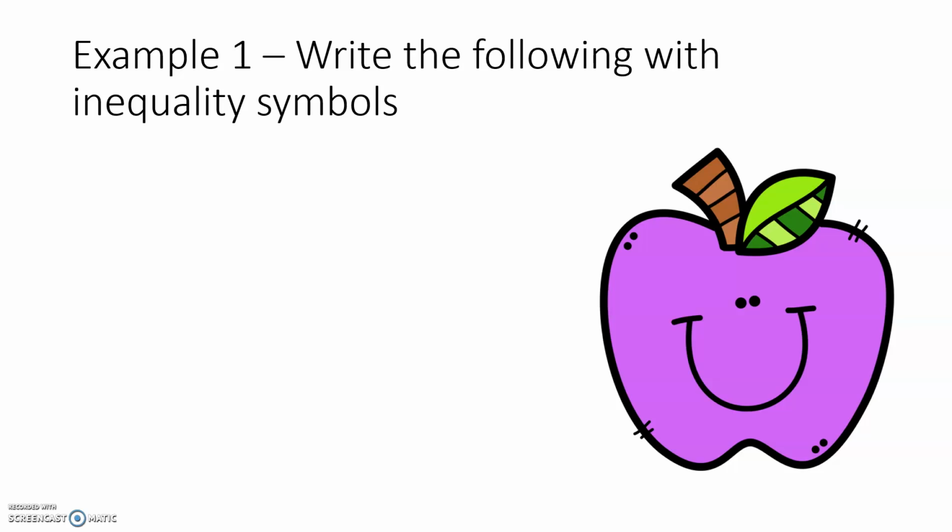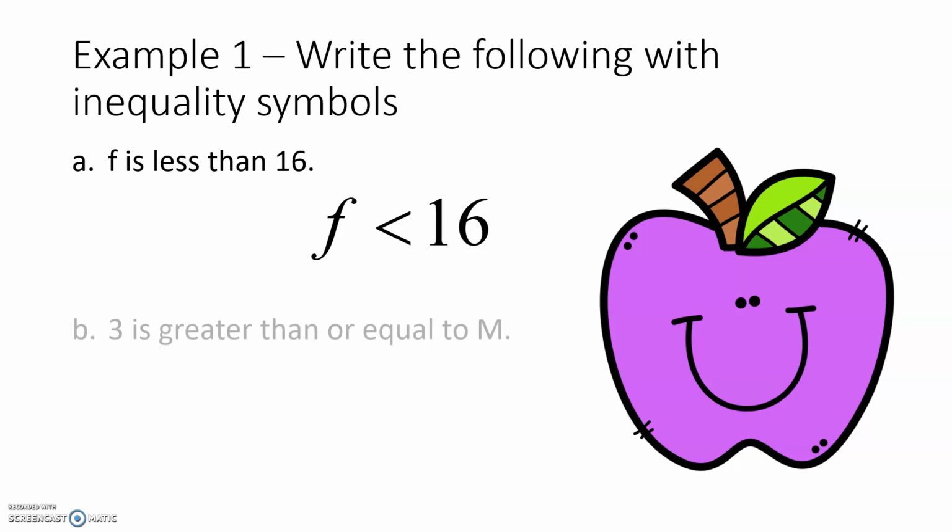Now let's get into an example. Write the following with inequality symbols. F is less than 16. Well, that's very simple. We know we have F, the less than symbol, and then 16.